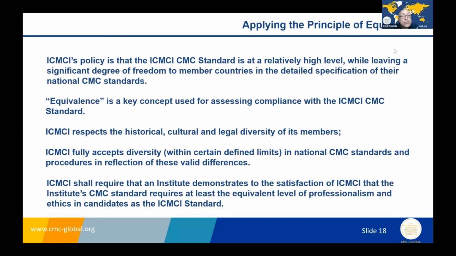So the equivalence documents describe their own approaches, their own processes and principles. And if the equivalents are right, then they will be comparable and acceptable as in the same level or content with the ICMCI principles.